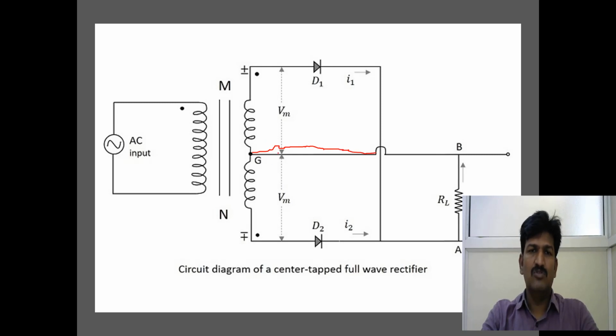This tap divides the secondary winding equally, so the upper part induces the same amount of voltage as the lower part. The number of turns in the upper part of the secondary is equal to the number of turns in the lower part of the secondary.